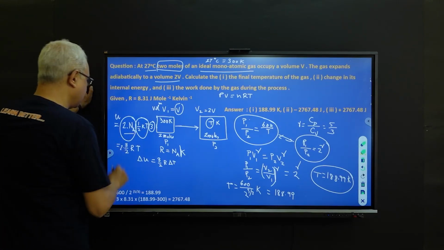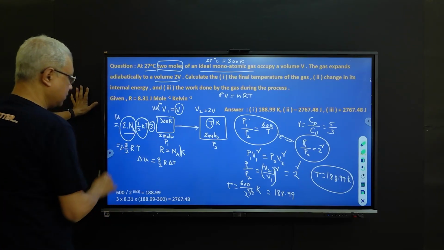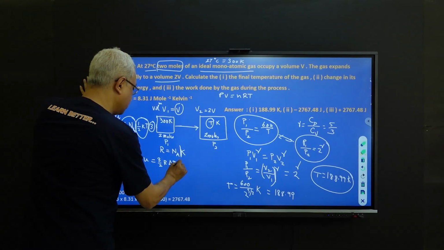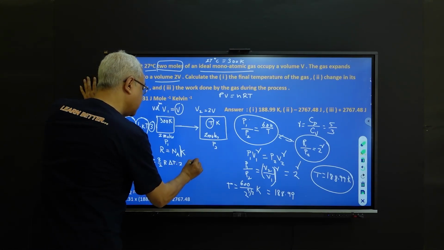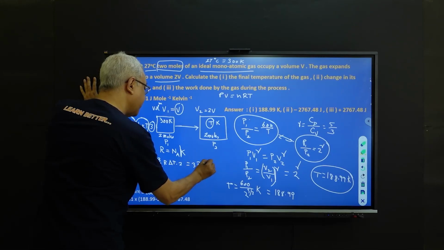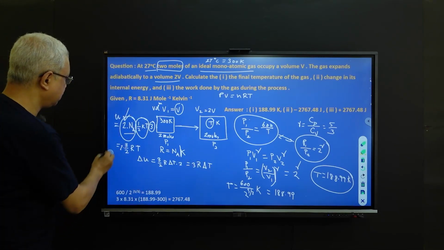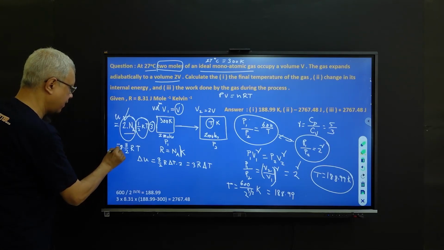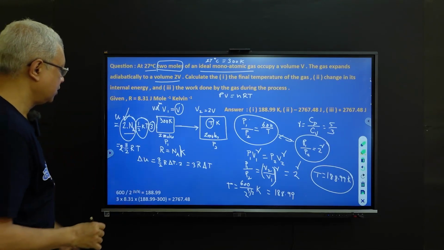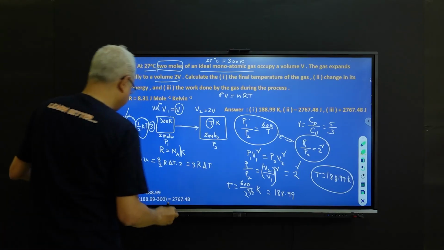There is a 2 over there because of the 2 moles. Do not miss to keep this 2 over there. So it is 2 multiplied by 3 by 2 R delta T, so 3 R delta T.